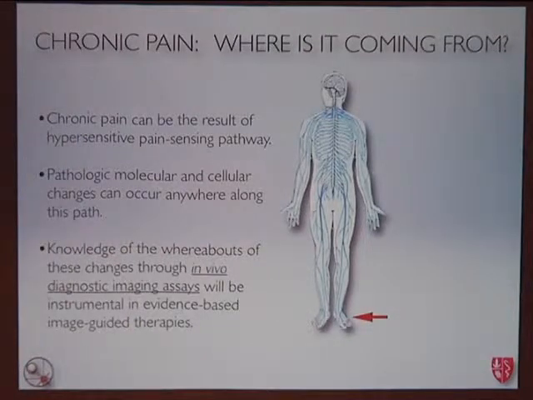So ultimately, as a radiologist, I would like to develop an imaging assay which can interrogate virtually the entire nervous system and then find where these pathologic molecular changes are along this pathway. For example, if you're suffering from ankle pain, you may have actual changes anywhere along this pathway or maybe throughout the entire pathway. And it would be important, from a therapeutic and a diagnostic frame of reference, to know where these changes are, right?